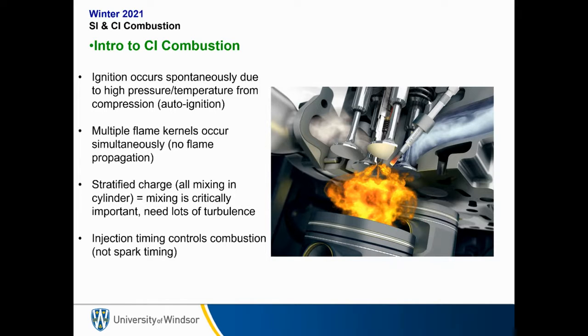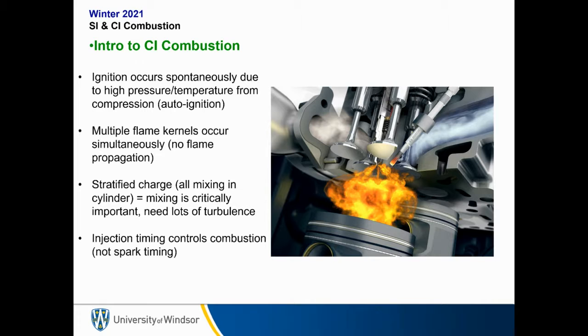In other words, all mixing is done in the cylinder, just like a gasoline direct injection. In this type of engine, mixing is critically important. You need lots and lots of turbulence to make sure you can mix as fast as possible. Unlike spark ignition, where the start of ignition is controlled by a spark, in compression ignition combustion, the ignition timing is controlled by when you inject your fuel.